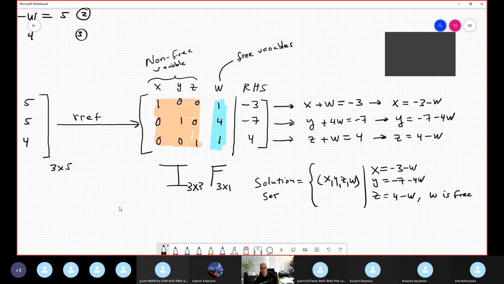Remember, free means all real numbers. The solution object is 1 dimension because it contains only 1 free variable. It's a line in 4-dimensional space.